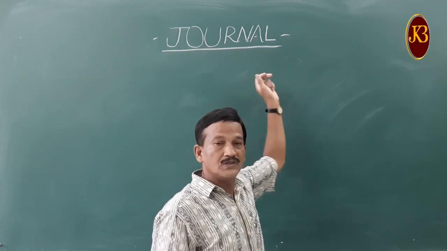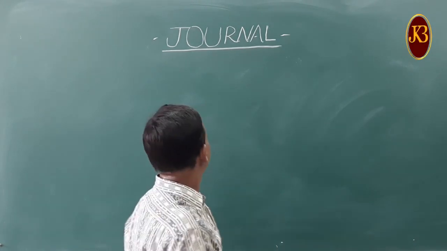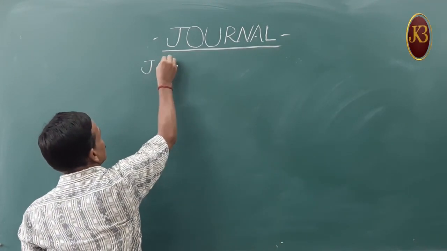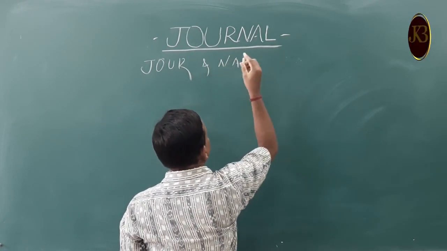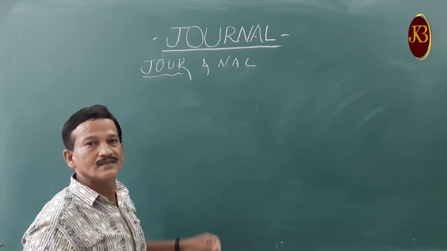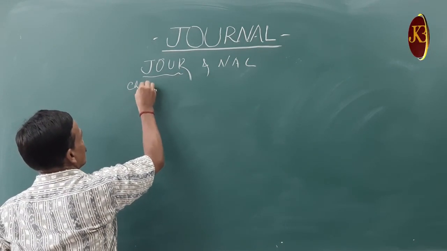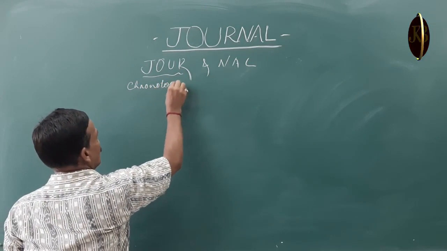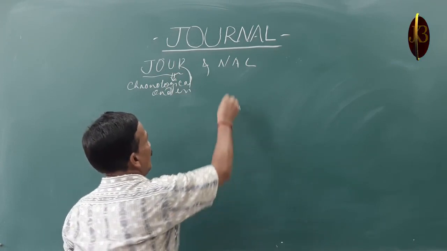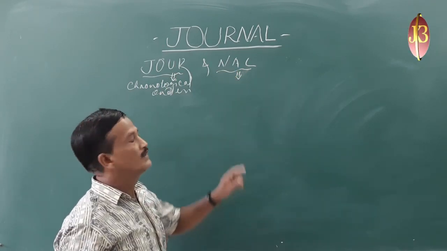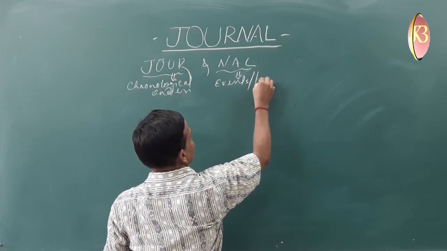So let's come to the journal. Journal constitutes two words: jod and na. Jod means chronological order, and na means the event or transaction.